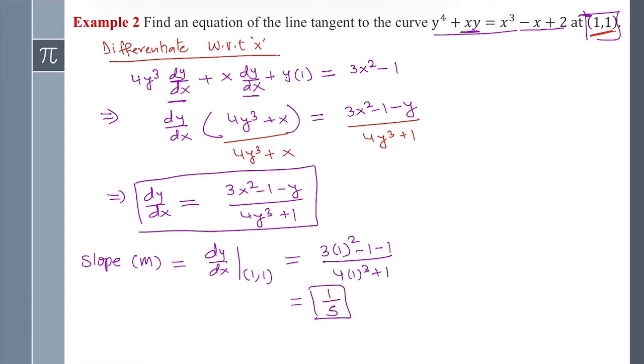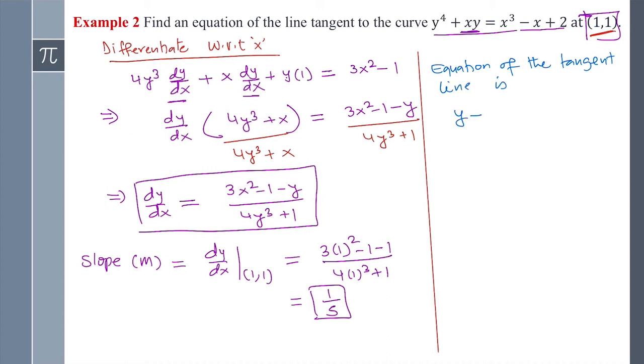So now let's find the equation of the tangent line. The equation of the tangent line is y minus y1, which is 1, equals m, which is 1/5, times x minus x1, which is 1.